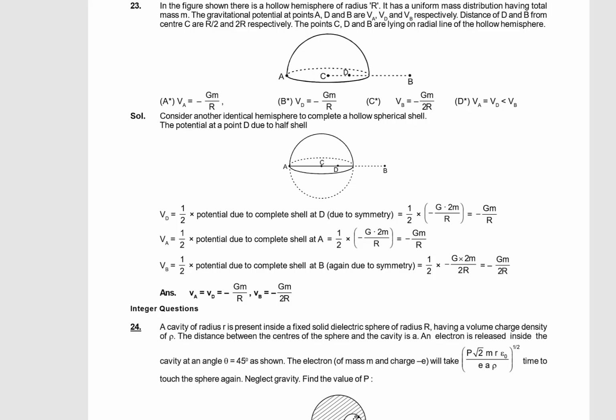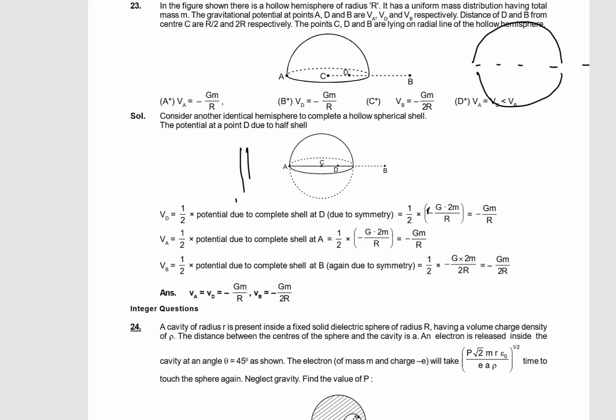Only in that diametrical plane, because suppose in this diagram we consider another hemispherical shell, so we have this complete shell. Due to this complete shell, what is the value of electric field inside a shell? It is 0, right? So now we have these two hemispherical shells.